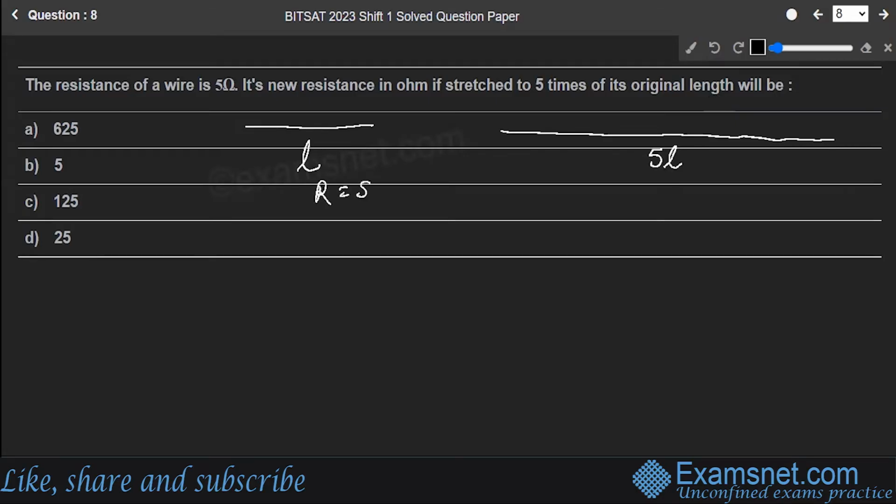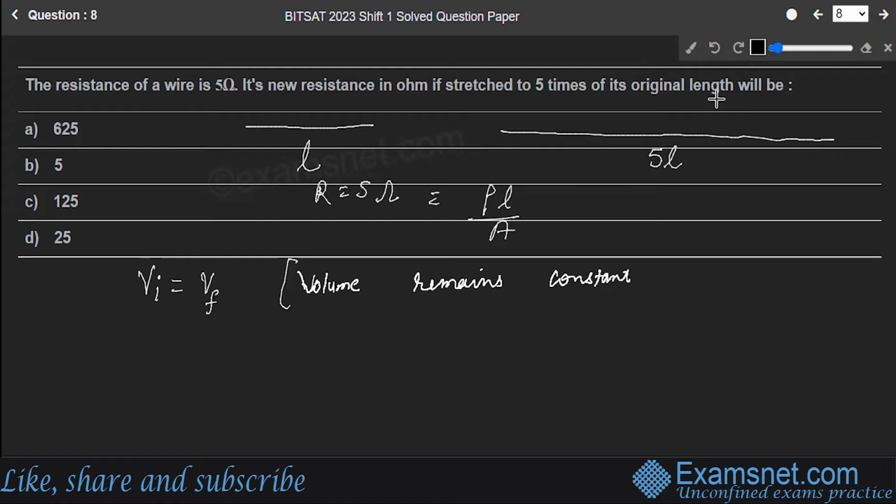This is equal to 5 ohm, and you know resistance is given by rho into length upon area. So also one thing, the volume will remain constant. So initial and final volume is same. What is volume? It's length into area.